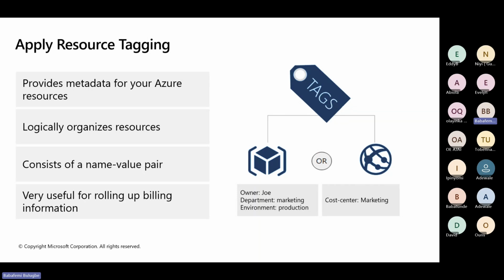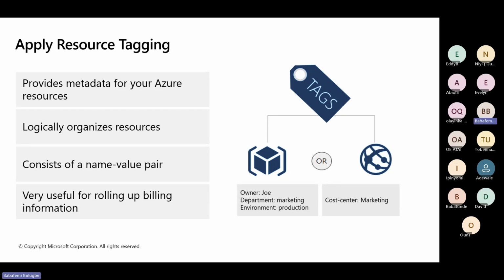So if I log into the portal and try to start the virtual machine, on that virtual machine blade, I can see the tag to say this machine is for production. So at the end of the day, we can get the cost for just production resources, for dev resources, for QA resources.